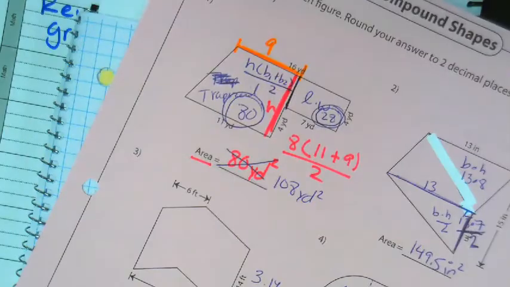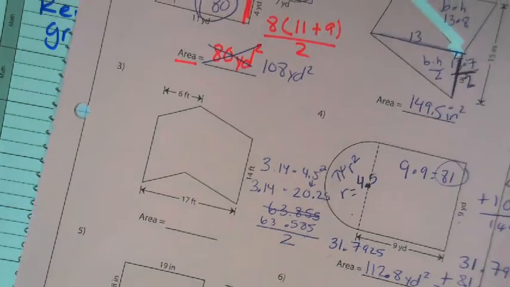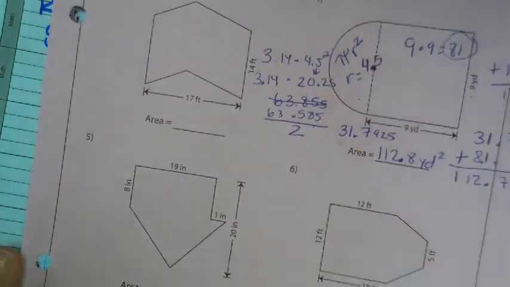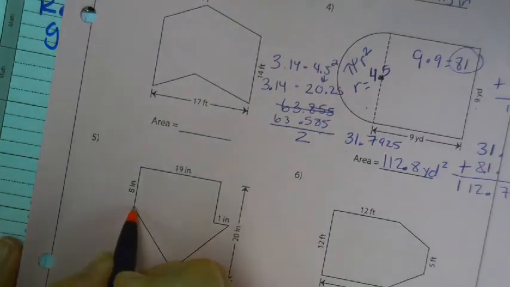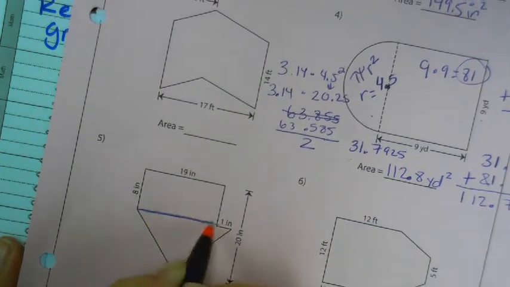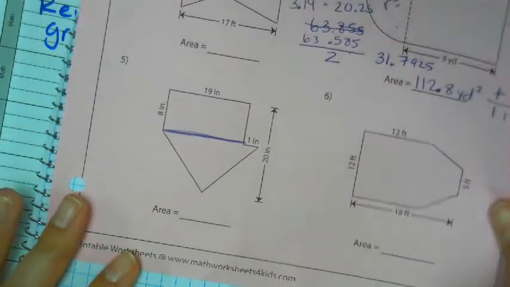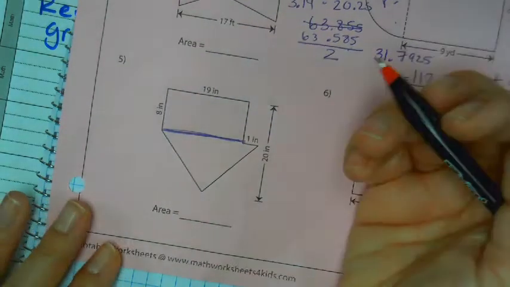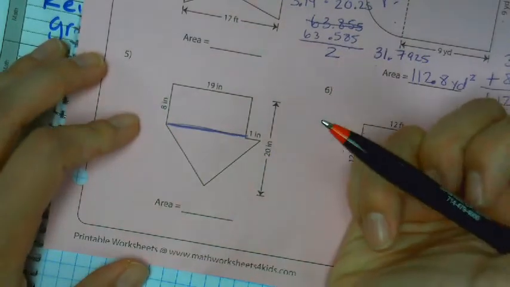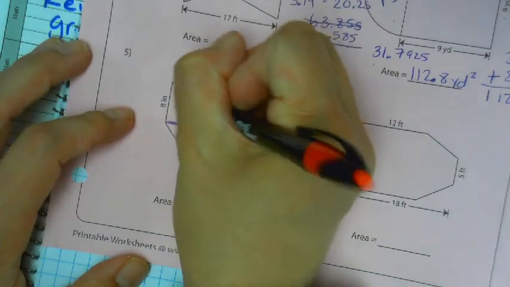Do you guys want to do number? Oh, be quiet. You do. Let's do number 5. Let's divide it up this way. So our rectangle, what two numbers do I use for our rectangle number 5? 8 and 19.